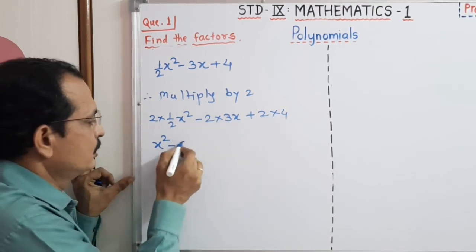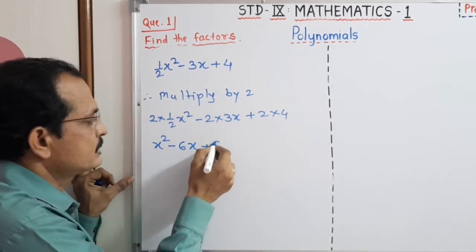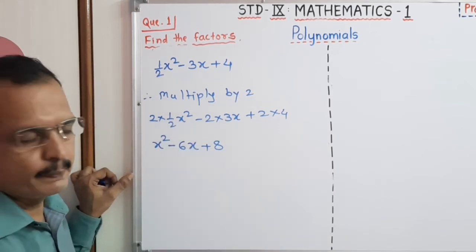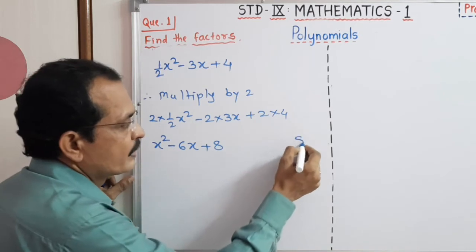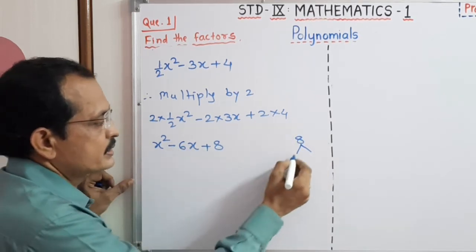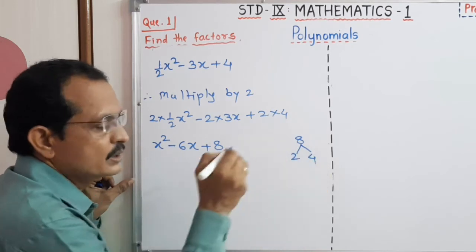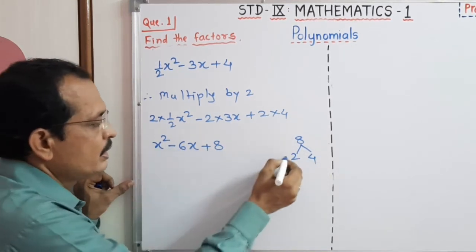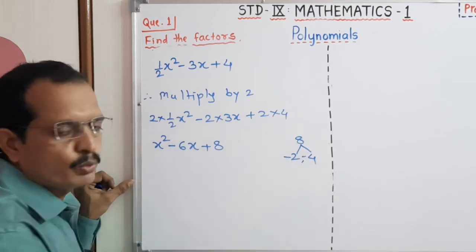minus 6x plus 8. Now how to find out the factors? Very easy. Factorize this 8, addition should be 6. 2 and 4 are the factors. Plus sign, therefore the sign of the middle is minus, minus 2 and minus 4 both.